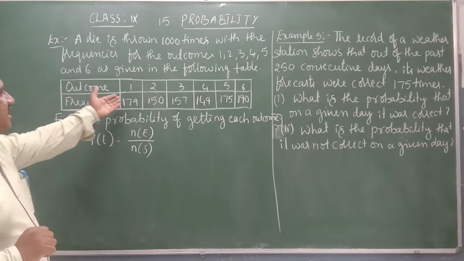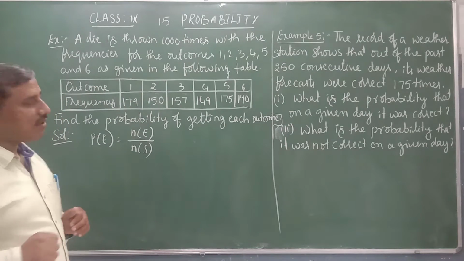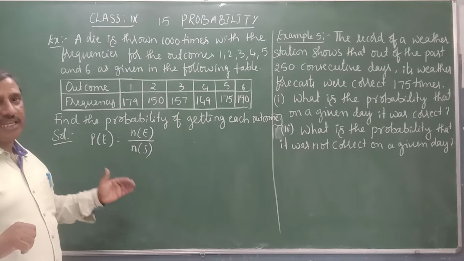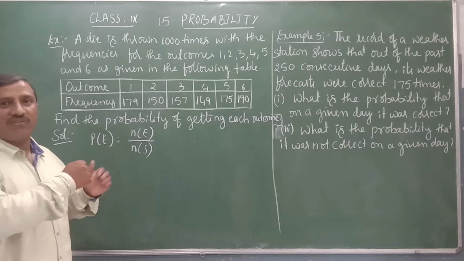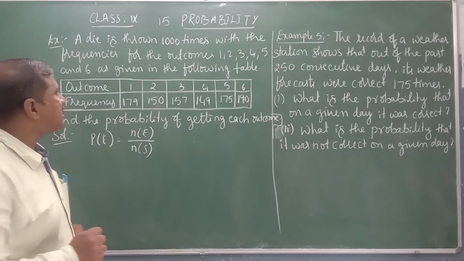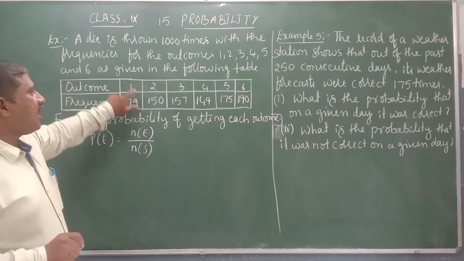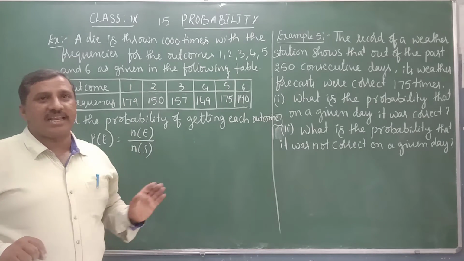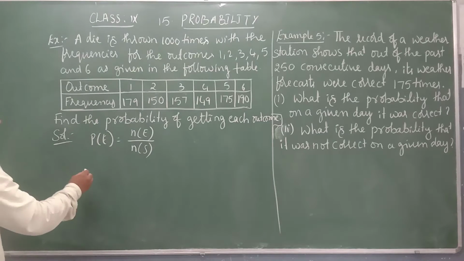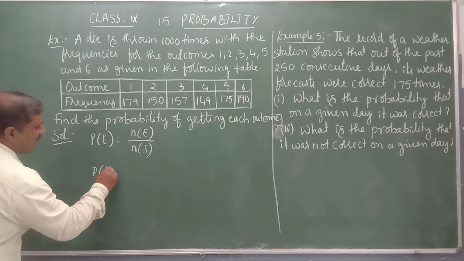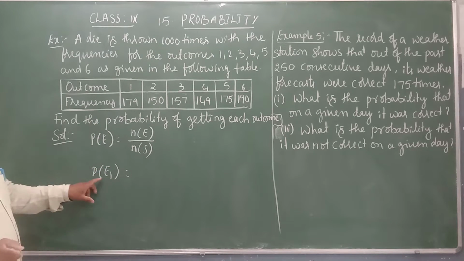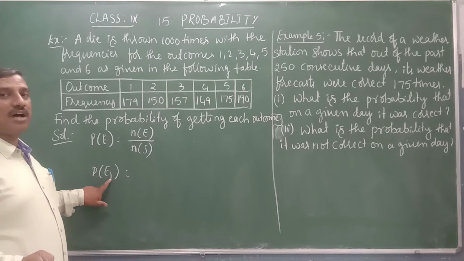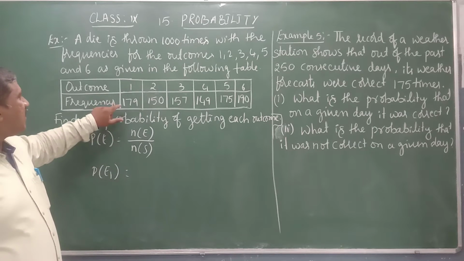Here, 6 outcomes are there. Let the outcomes be E1, E2, E3, E4, E5 and E6 for our convenience. E1 stands for getting 1, E2 stands for getting 2, E3 stands for getting 3 and so on. So the first one, P(E1). E1 means an event of getting 1 as outcome. How many favorable outcomes are there?